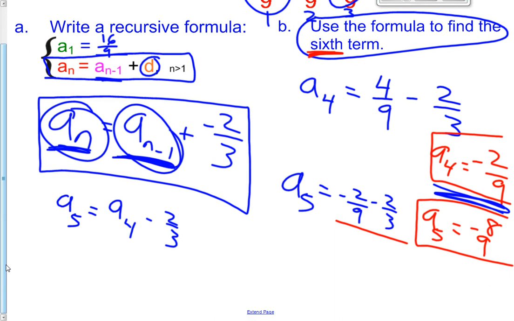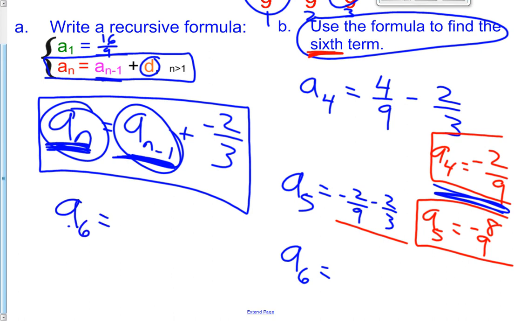So what is a sub 6? Well, a sub 6, now this formula turns into, I want to find the sixth term, so a sub 6 equals the value of 6 minus 1, which is a sub 5, plus a negative 2/3. Well, what is a sub 5? Aha! I found it. It's over here.